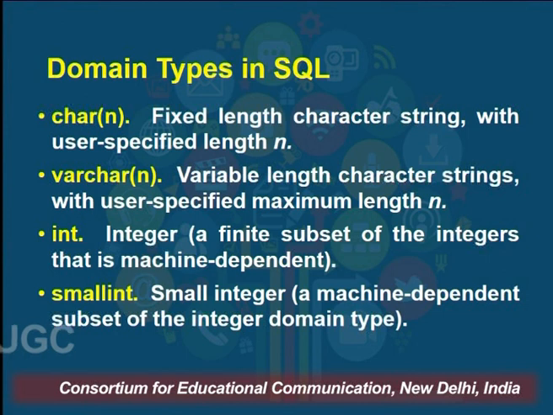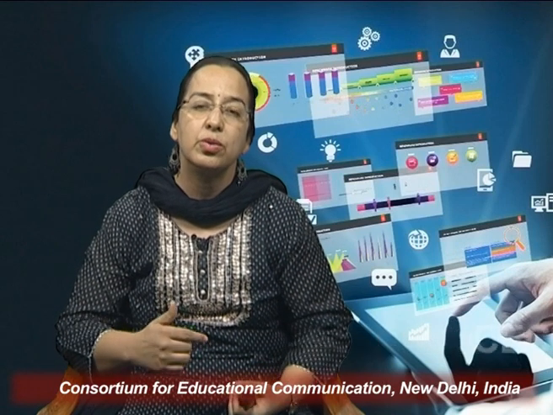Varchar is a variable length character string with user specified maximum length n. Now, what is the difference between char and varchar? When we talk about char n, for example, in this field I am going to write the term welcome. Welcome takes 7 spaces, the length of the string welcome is 7, but it is going to take a space of 10, because the length of the character string is fixed here and that is 10.